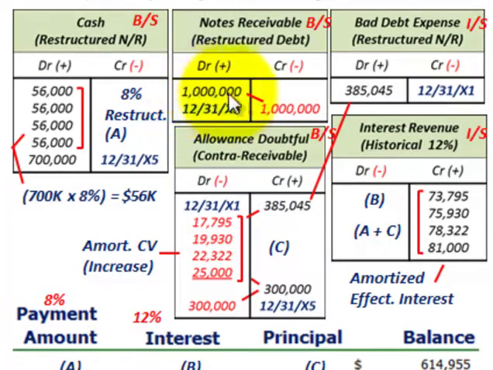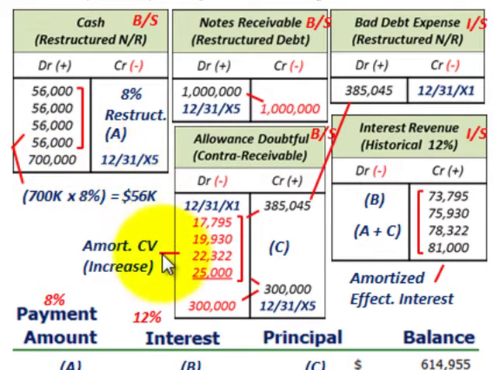So when it comes due, we would credit out the $1 million maturity original amount of $1 million, and then the allowance account, we had a credit balance of $300,000. That would be closed out and debited by $300,000. So we removed our notes receivable off the books, and then the other thing we would do is we would have received cash, or debit or increase our cash, by $700,000.